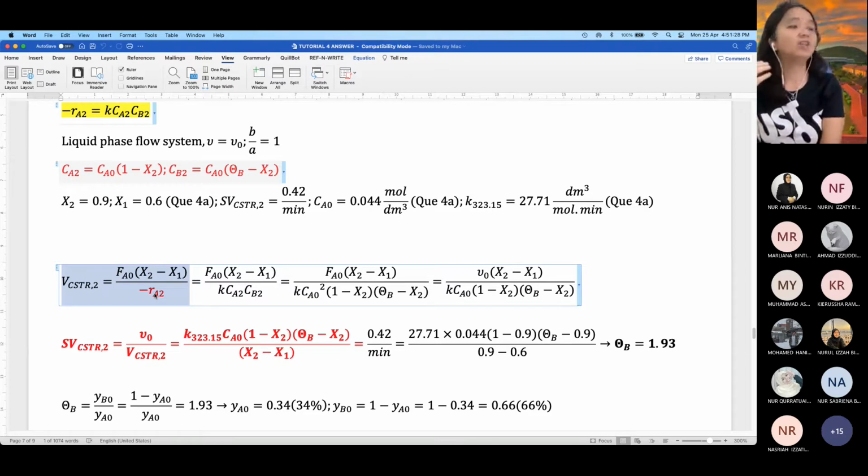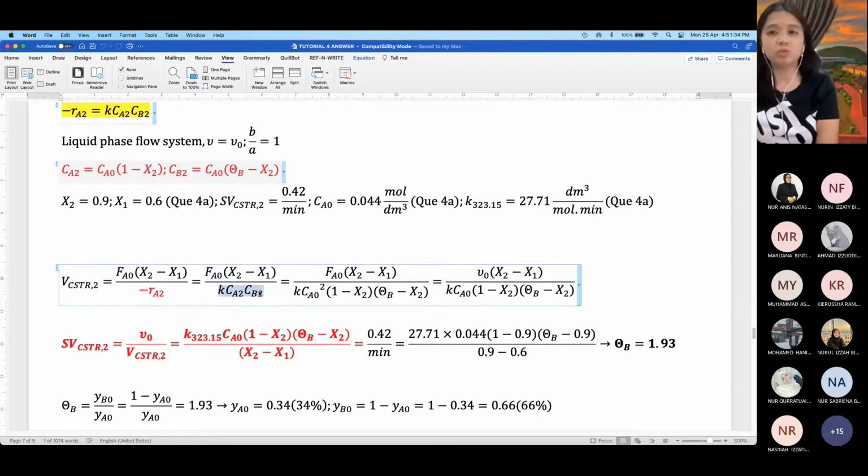But instead, I have already know the rate law. So, minus RA2 equals to KCA CB2. Okay, kita dah explain. Okay, then, you know CA2, CB2 ni kita kena express in the form of CA2 is CA0 1 minus X2. CB2 is CA0 in bracket theta B minus X2, which I've already explained just now.